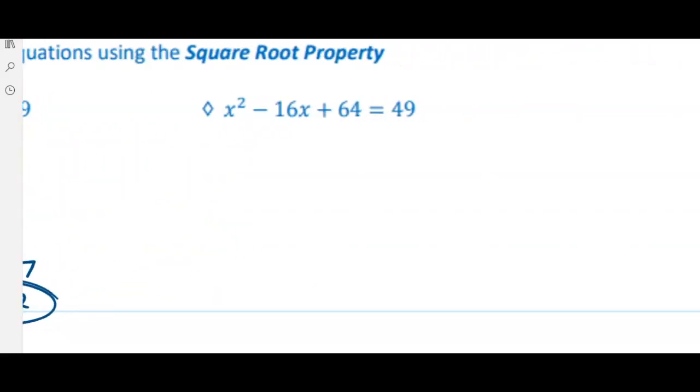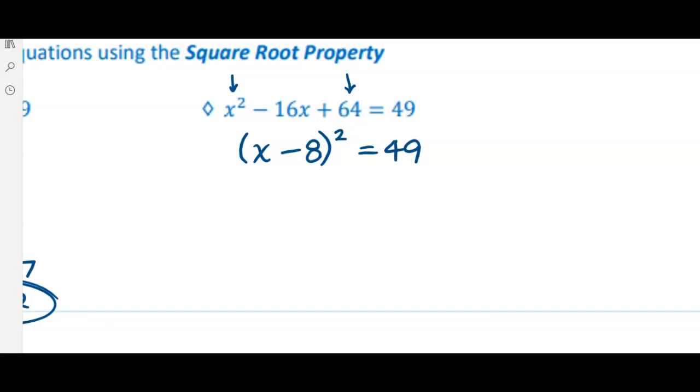Let's try this one. Does the pattern hold? Is this a perfect square? Yes. Is 64 a perfect square? Sure is. Is negative 16x twice the product of their square roots? It is. So we could rewrite this as x minus 8, the quantity squared.